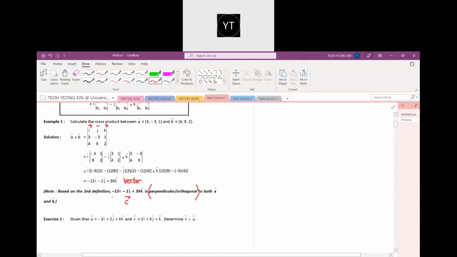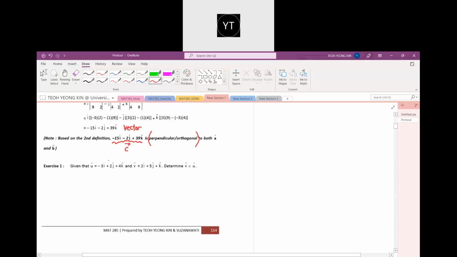So this vector C is perpendicular to vector A and B. If you look at example 1, given that vector u is negative 3i plus 2j plus 4k, and vector v is this vector, determine the cross product of vector v and vector u.